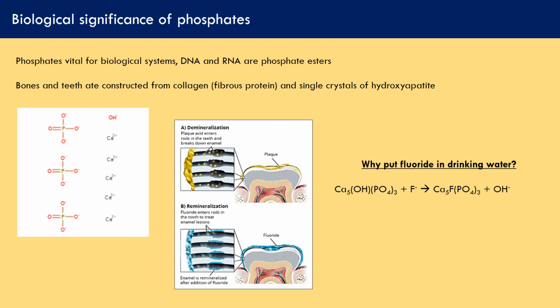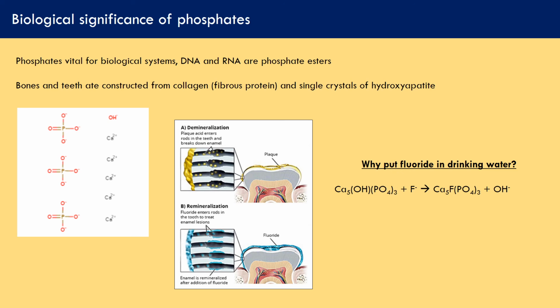But fluoride is able to enter those rods in the tooth and essentially repair or remineralize those enamel lesions. And it does so because of the inherent chemistry of hydroxyapatite.